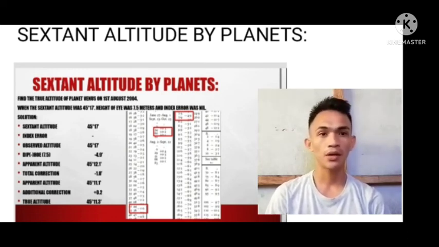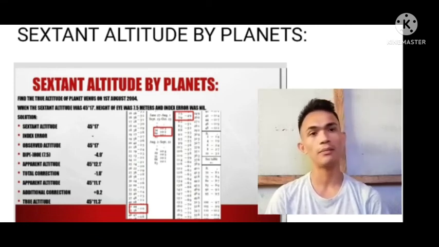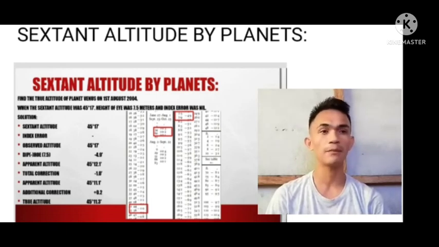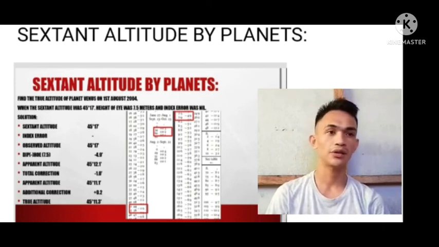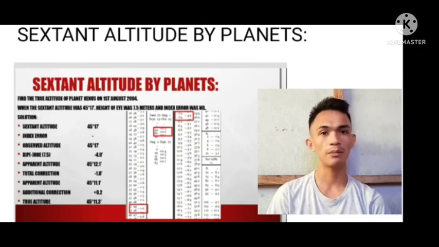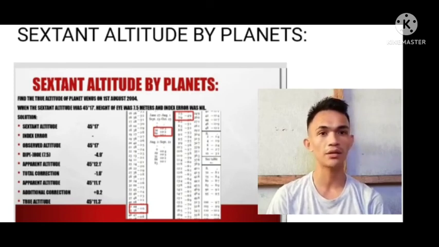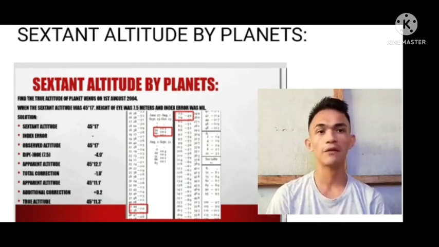Now we need to find the 7.5 meters in the almanac. On the left side we have the meters, and on the right side of the picture we have the feet. So we have the 7.5 and now we have 4.9 minutes. We need to subtract 4.9 minutes from 45 degrees 17 minutes, so the apparent altitude is 45 degrees 12.1 minutes.